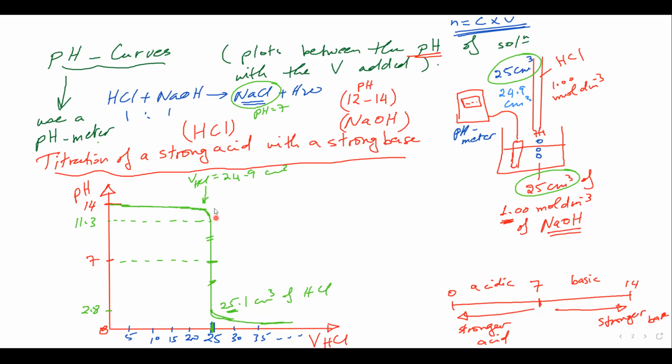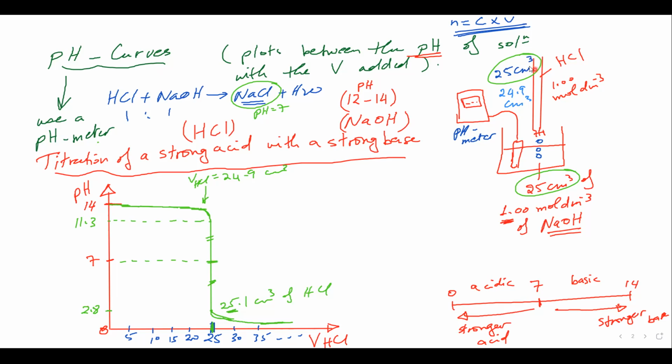Understand me? Oh, okay. So يعني 7 is not like a point where it stops. No, it didn't stop. When you added exactly 25 centimeter cube of the HCl to the 25 centimeter cube of the sodium hydroxide, the pH of the solution is 7. Okay? Good.